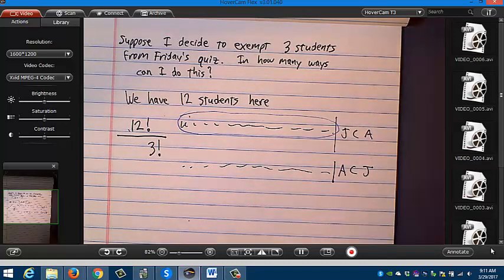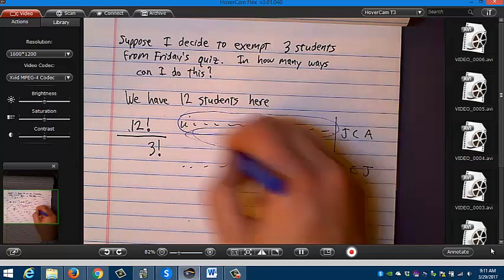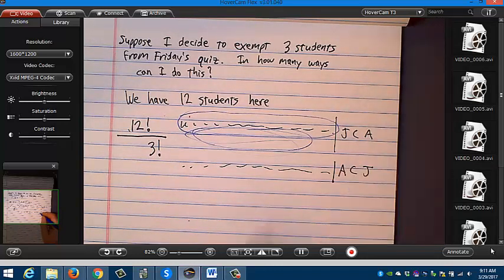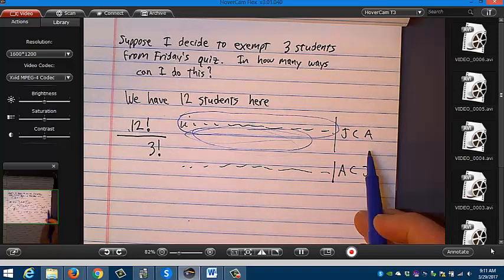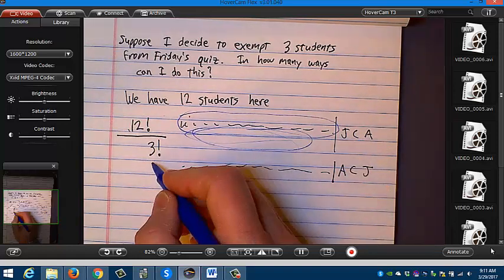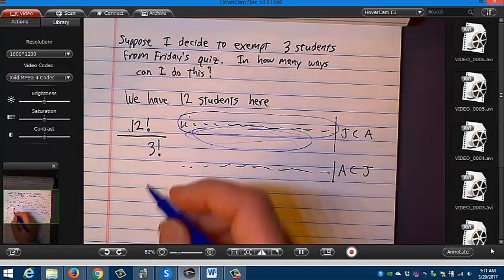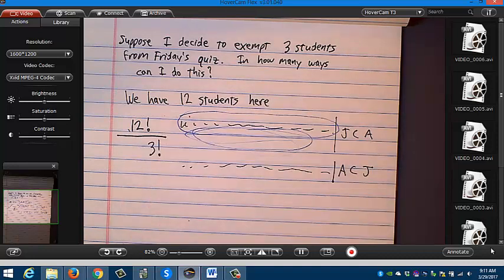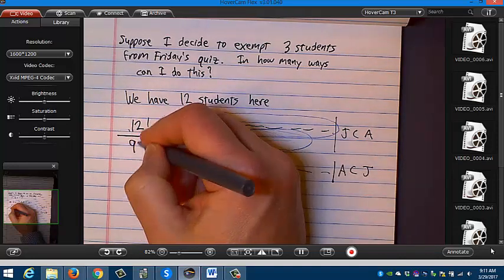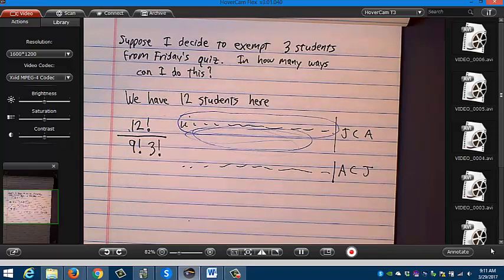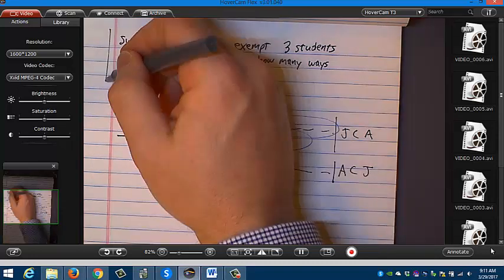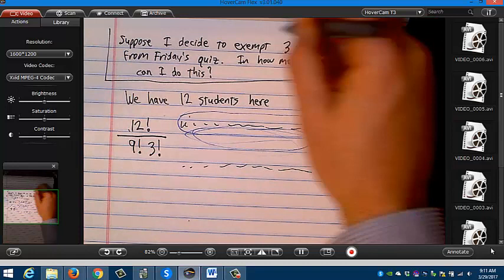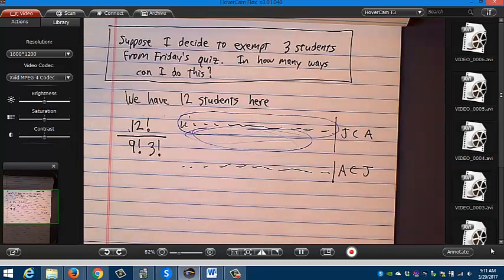Isn't it true that those 9 I could rearrange a lot of different ways and they still wouldn't be exempt? So not only do you have to divide by 3 factorial, you also need to divide by 9 factorial. I claim that is the answer to this question: 12 factorial divided by 9 factorial and 3 factorial.